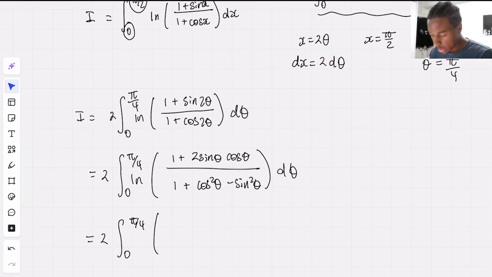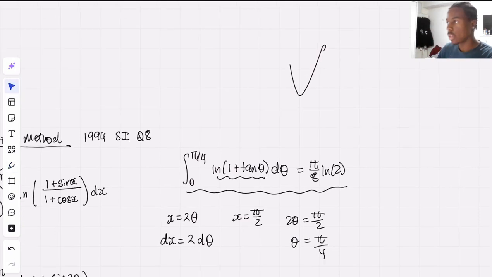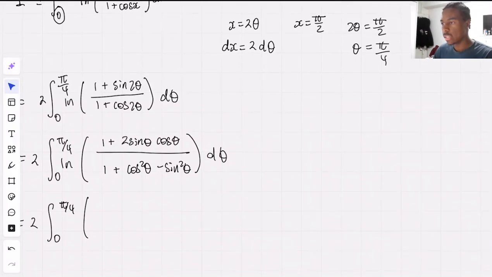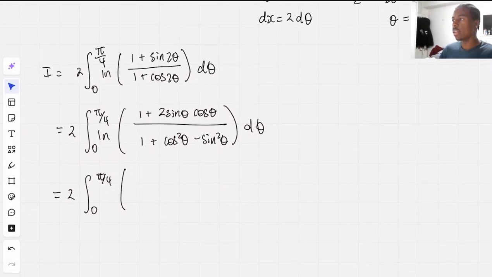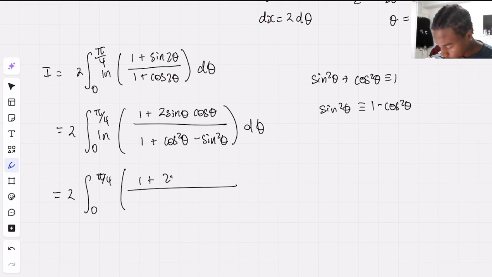So I know that I'm looking for something that's similar to this integral here. And to get a tan theta, I know I need cosine terms in my denominator. So I'm going to set sine squared theta to be 1 minus cos squared theta. Remember, sine squared theta plus cos squared theta is congruent to 1, so sine squared theta is congruent to 1 minus cos squared theta. I'm just going to sub that in on the bottom.